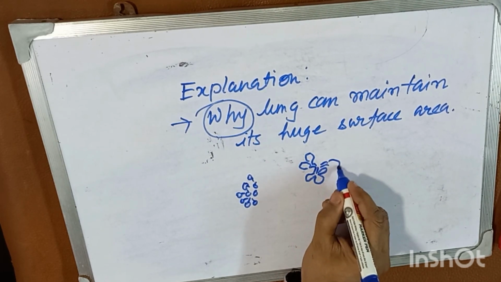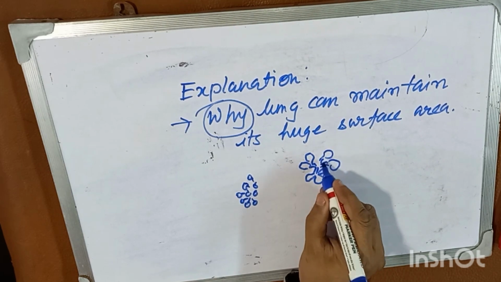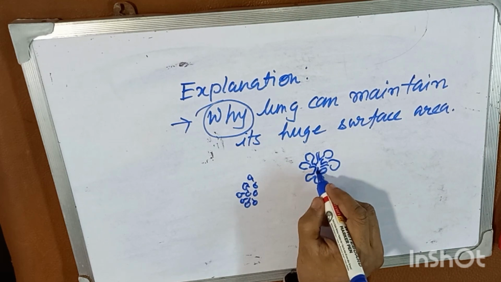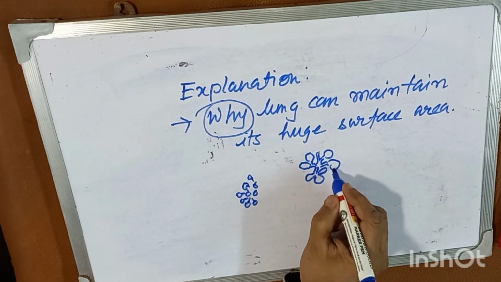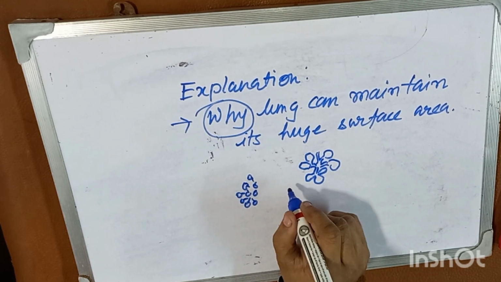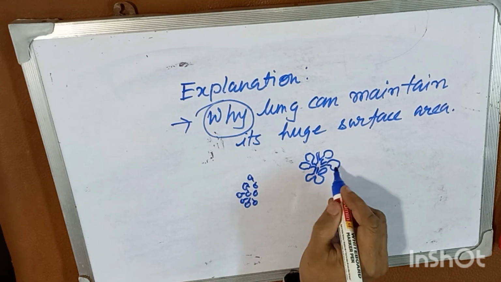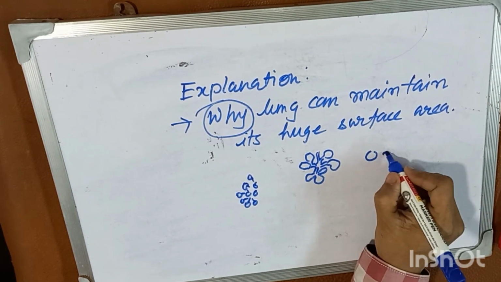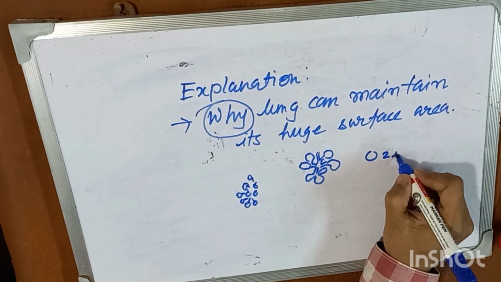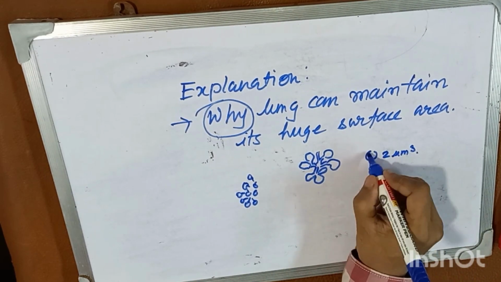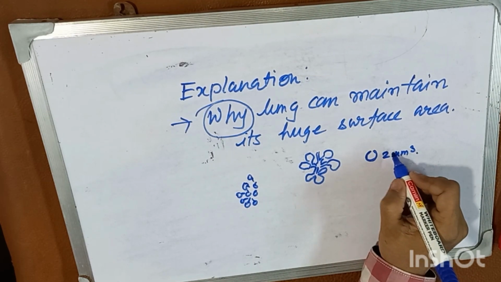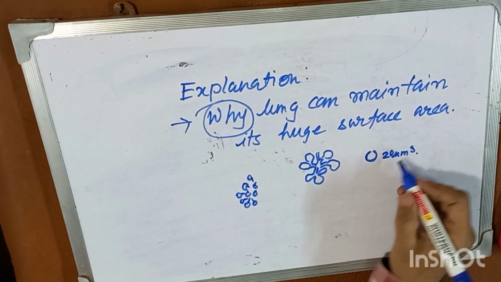By these common ducts, these are all connected to each other. And everyone has a certain volume, say 2 micrometer cube. 2 is much too low, so say 20 micrometer cube.